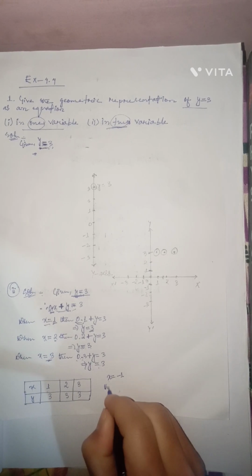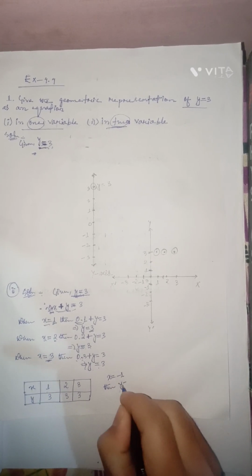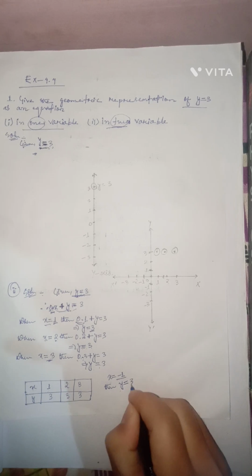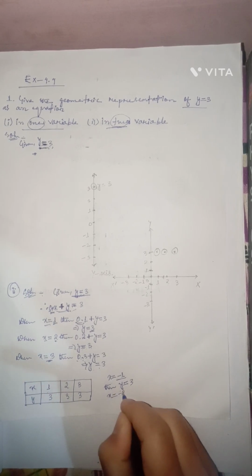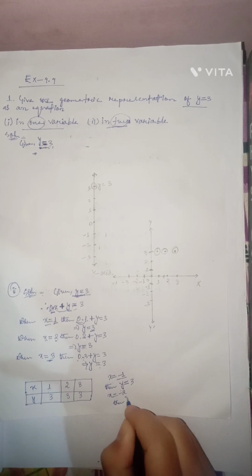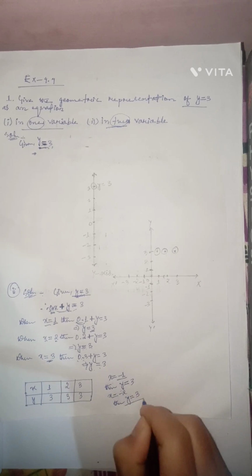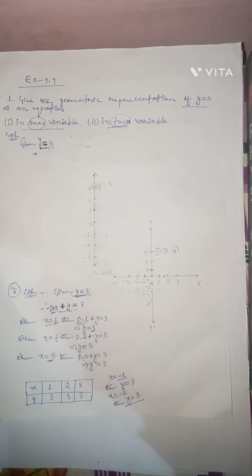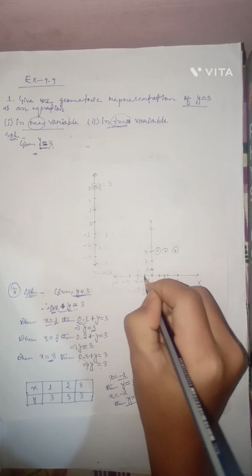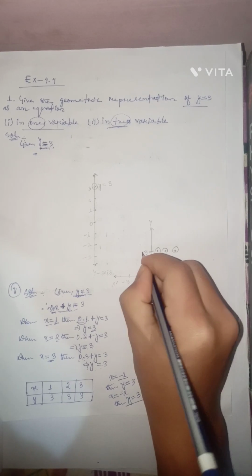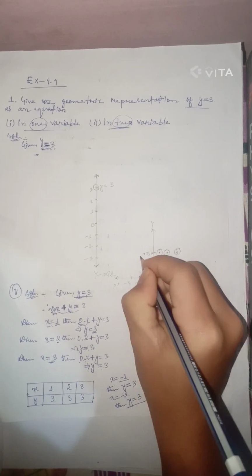But let me extend it further to this side. Whenever you put the value of x equal to -1, then what will be the value of y? Even in that case, the value of y should be 3 again. Whenever you put the value of x equal to -3, then also the value of y will be 3 again, right?